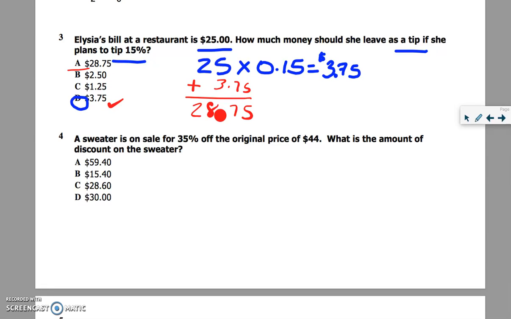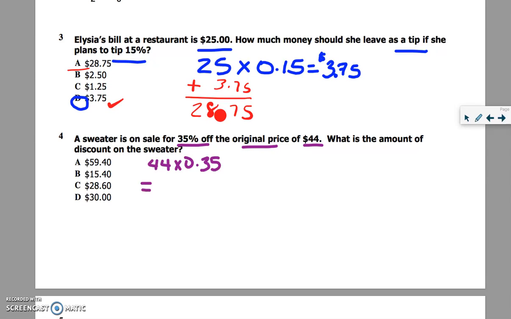Okay, number 4. A sweater is on sale for 35% off the original price of $44. So 35% is my rate, and $44 is my original price. Let me show you a couple of ways you could have done this. Quite simply, you could take 44 times 0.35, because I would have to change the percent to a decimal.